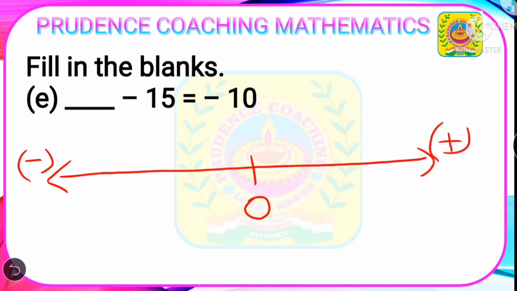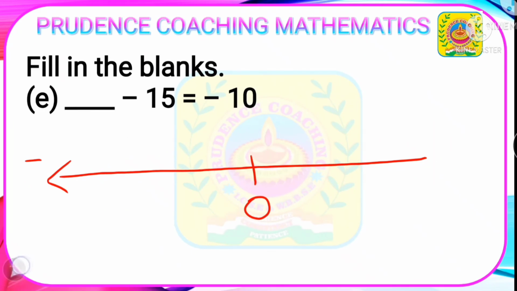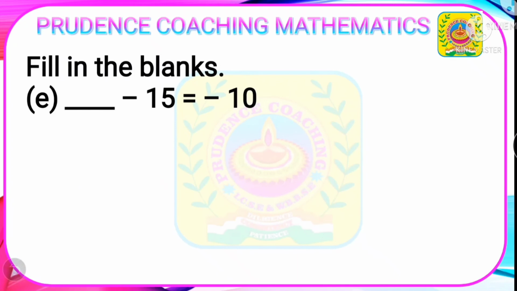So if it is minus 10, then minus 15 will be here. Okay, means how much you will go this side, it will go on decreasing, and how much you will move towards the right side of 0, the numbers will go on increasing. Okay, so here you need to make minus 10.